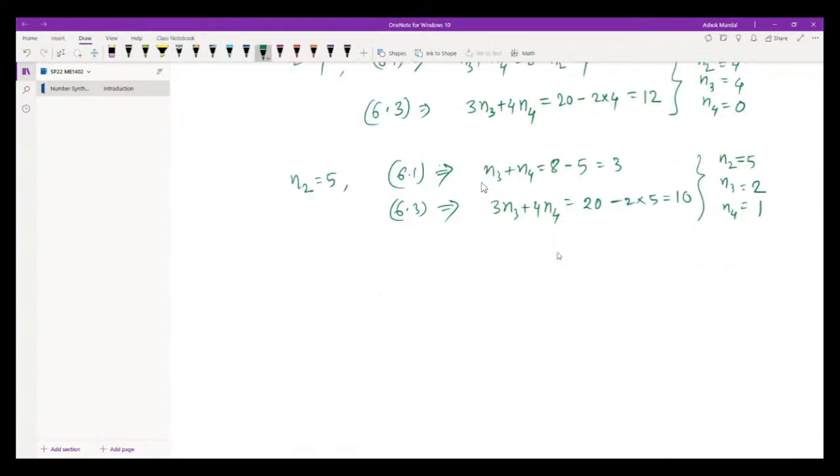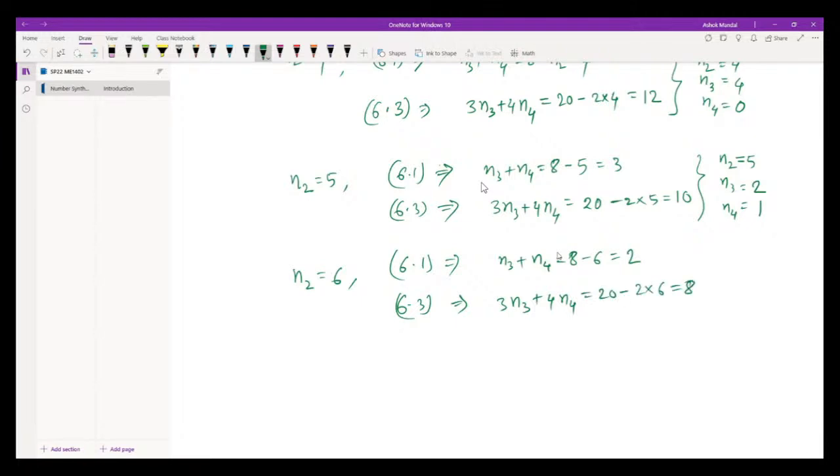What is the next possibility? We can take n2 equals 6. For that, 6.1 gives us n3 plus n4 equals 8 minus 6, which is 2, and 6.3 gives us 3n3 plus 4n4 equals 20 minus 2 into 6.